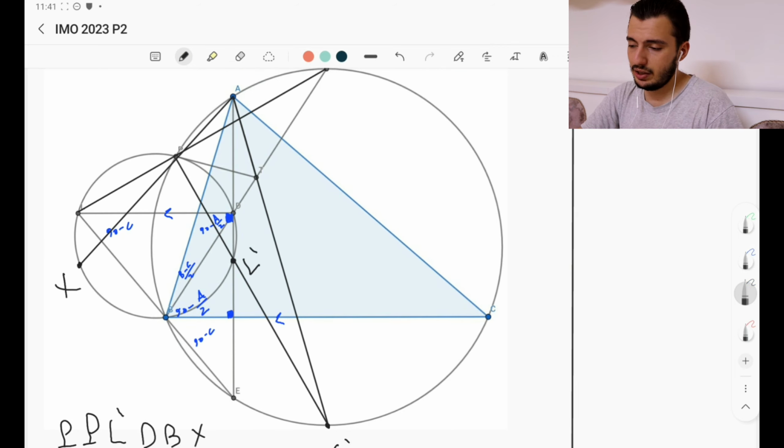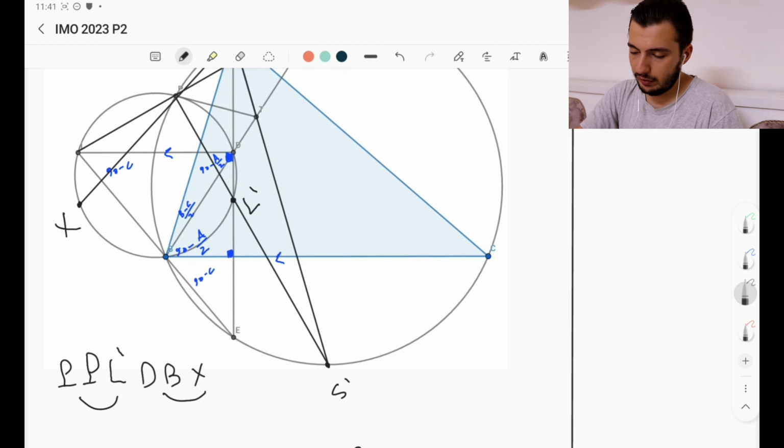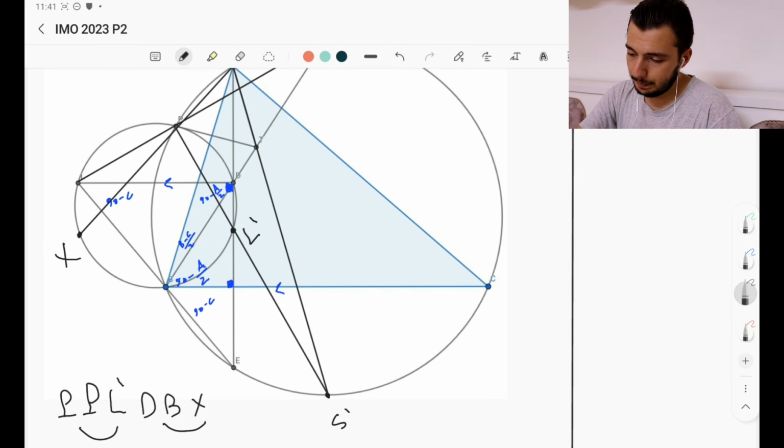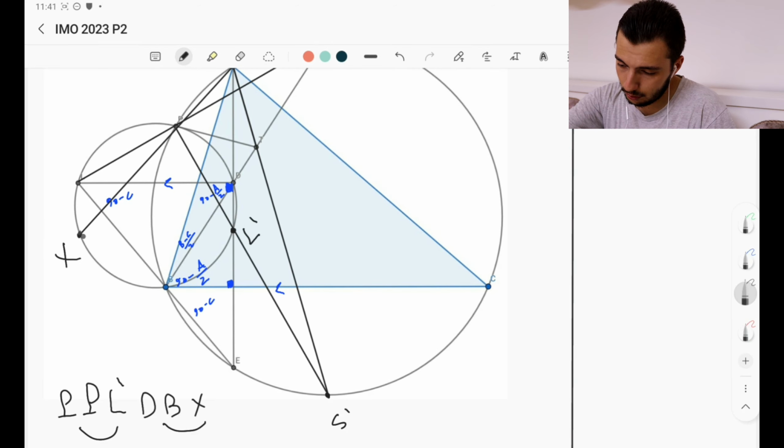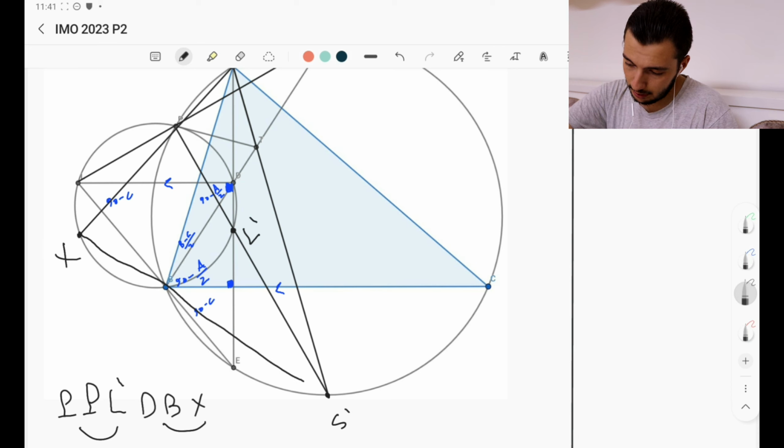We have our last three collinear points, which are the following. From here, BX, right? BX and S prime.